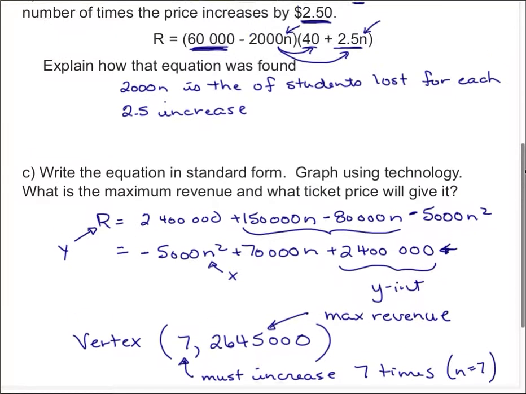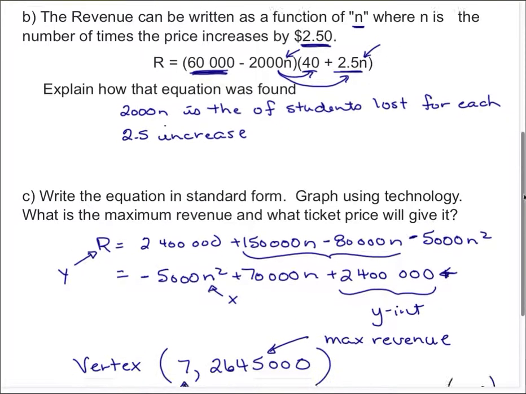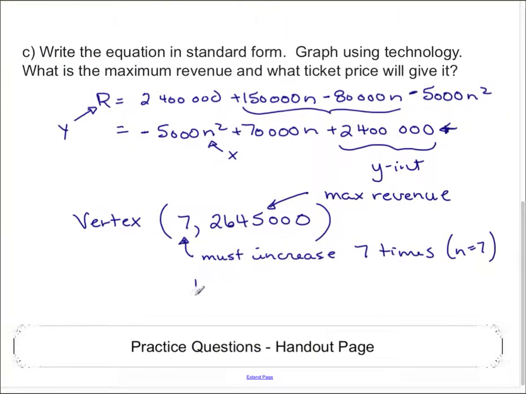So what price is it? Well, where was our price here? Our price started at $40, and we're going to increase it by $2.50 7 times.